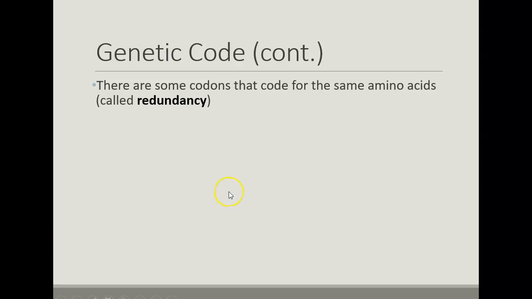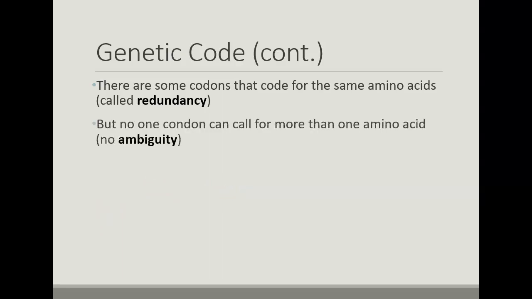So there are different ways to ask for the same amino acid. However, there is no ambiguity, which means that one codon cannot code for multiple amino acids. So if AUG is methionine, AUG will always be methionine, and it will never be serine or lysine or anything else.